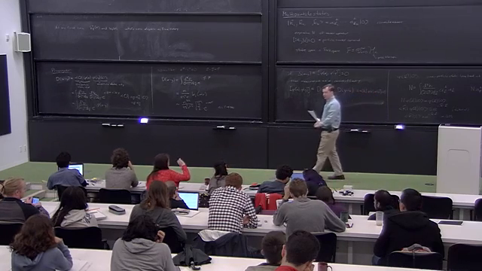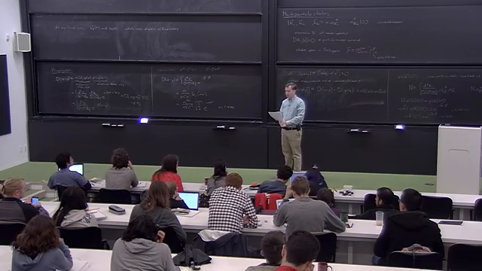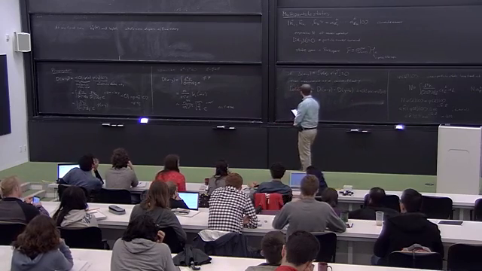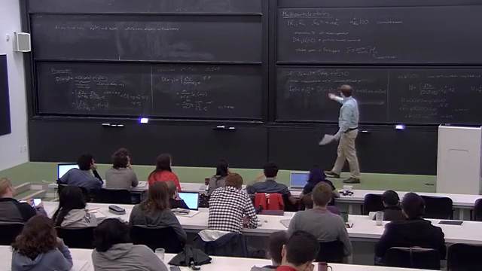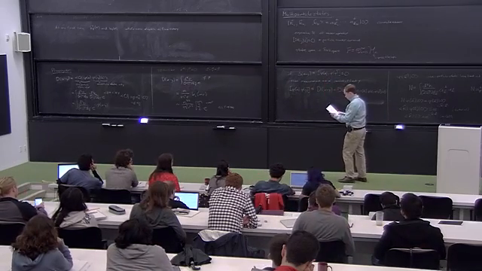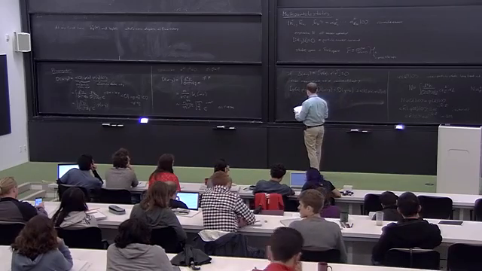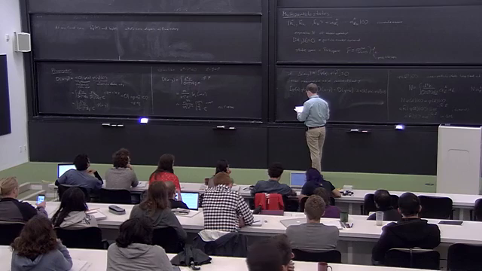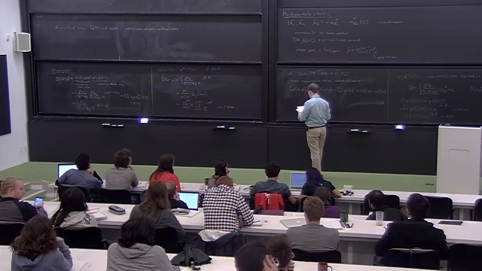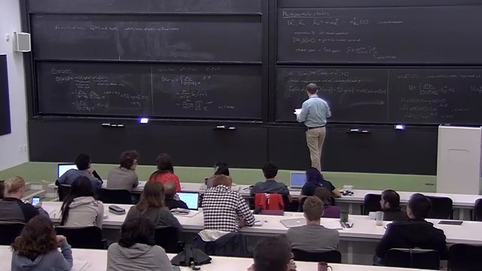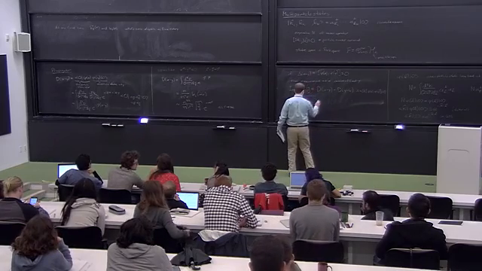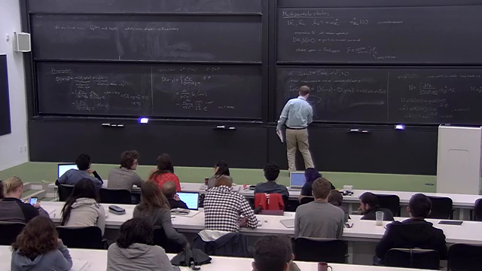Yes? Why is it, if the commutator is 0, that the measurements can't affect each other? Well, okay, so let's look at what's going on here.